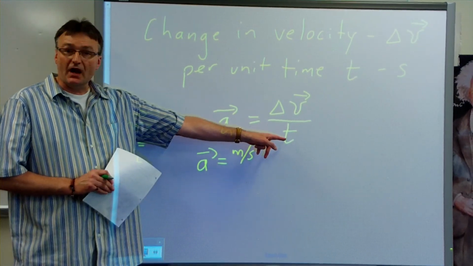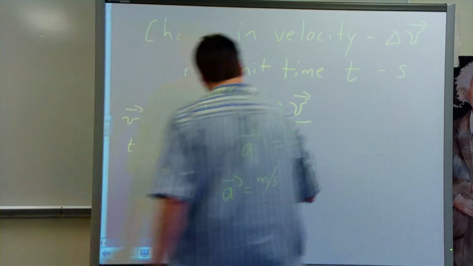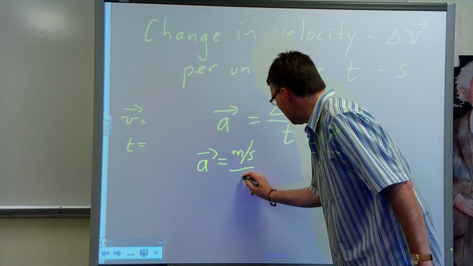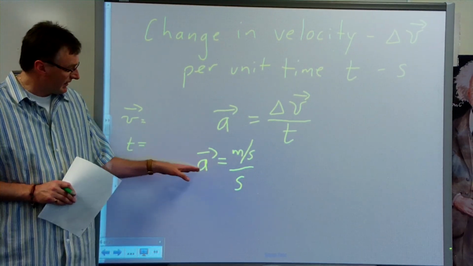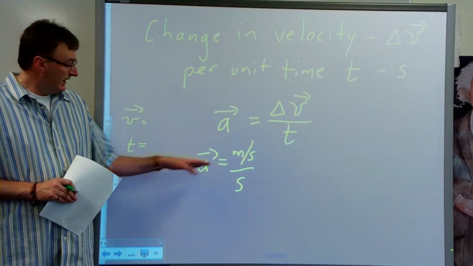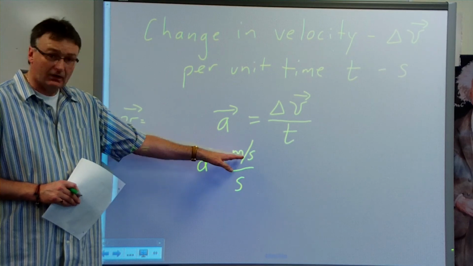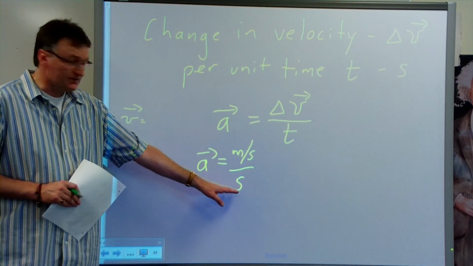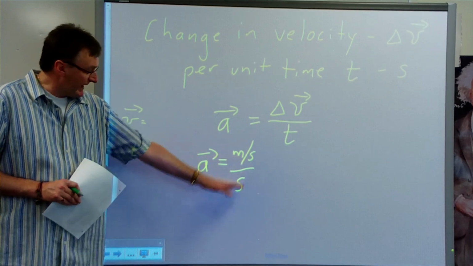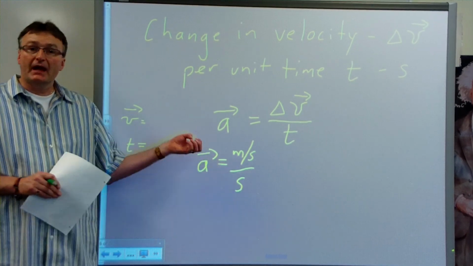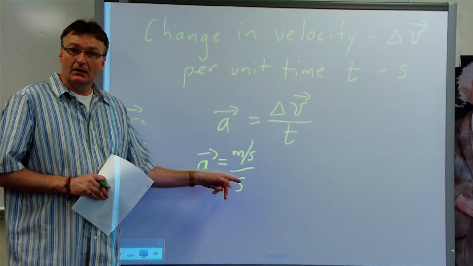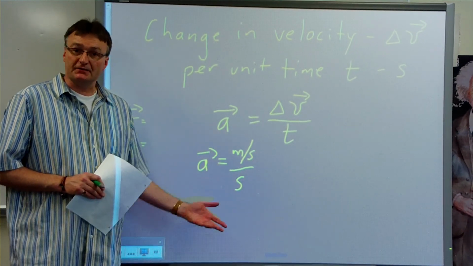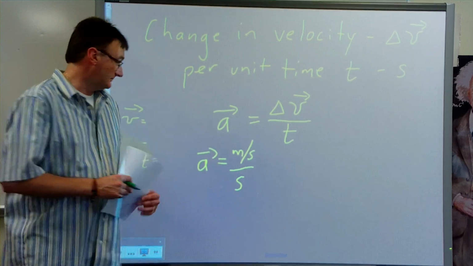And the units of time are seconds, so we're going to divide by time, which is in seconds. So this is where acceleration is units of velocity divided by units of time. So let's expand this out a little bit, because we know that any time that we divide by something, we can just also multiply by its reciprocal, and that's what we're going to do.